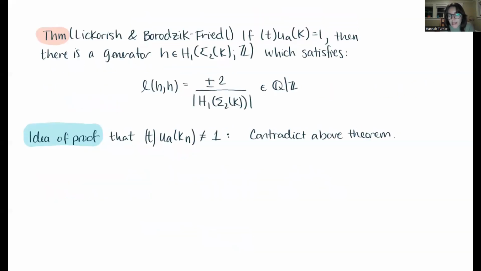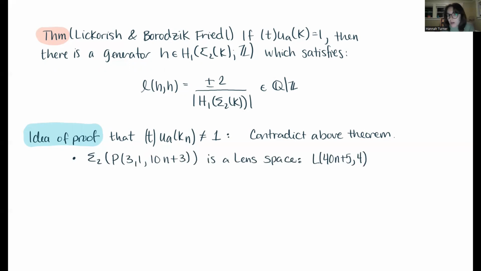So here it is again, and how could we use this? If we wanted to use this, we should try to contradict this linking pairing property. We want to show that our knot does not have algebraic untwisting number 1.